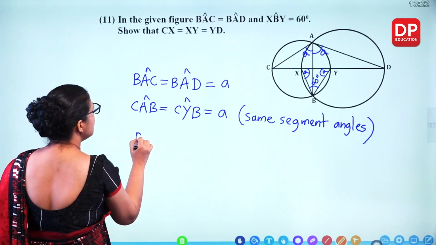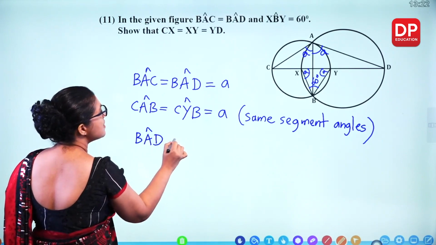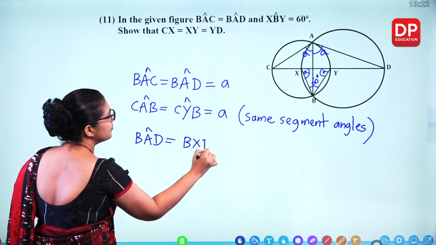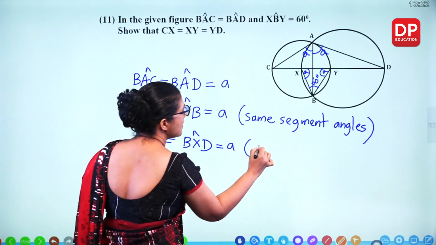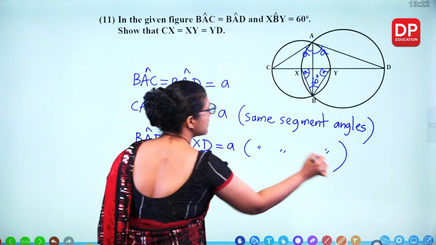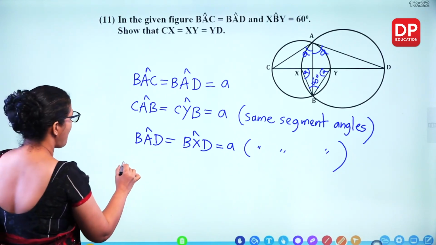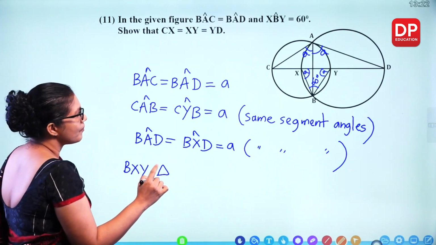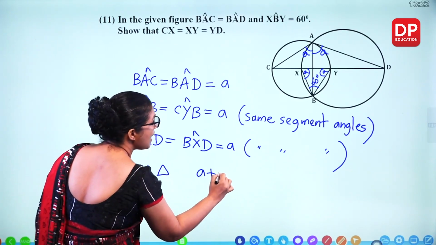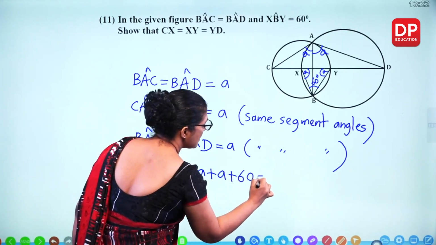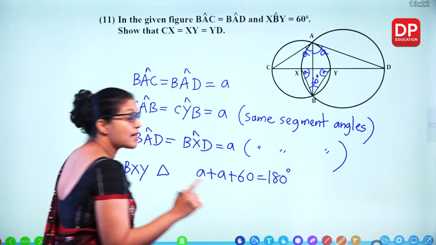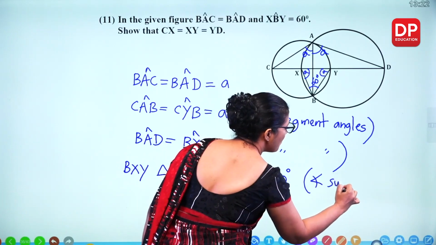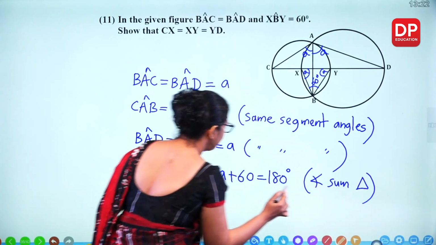BAD angle is same as BXD angle. That's also A, same segment angles. Now from BXY triangle, we know A plus A plus 60 is 180, angle sum of a triangle.